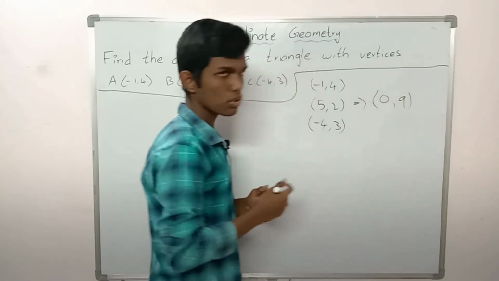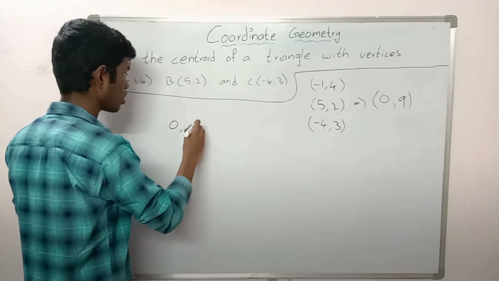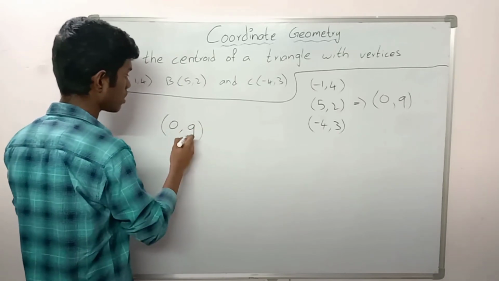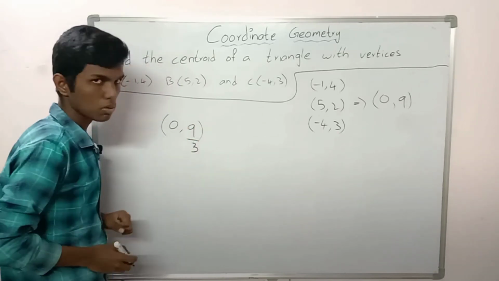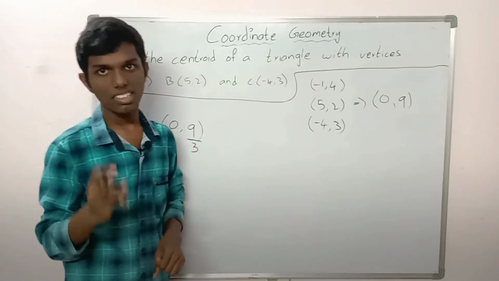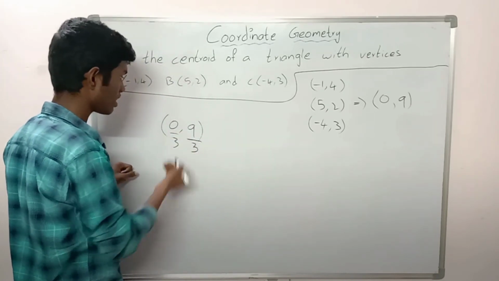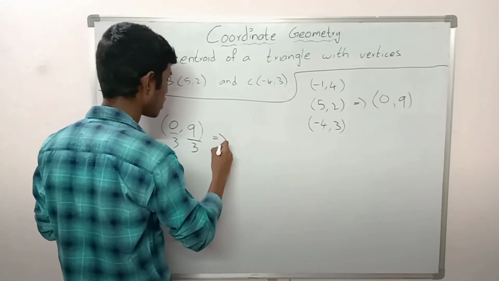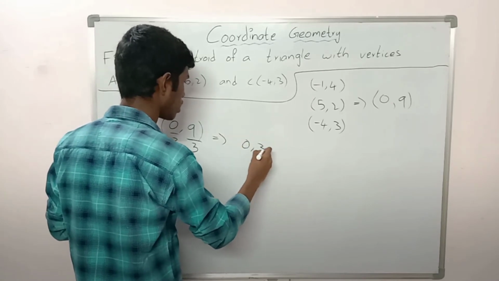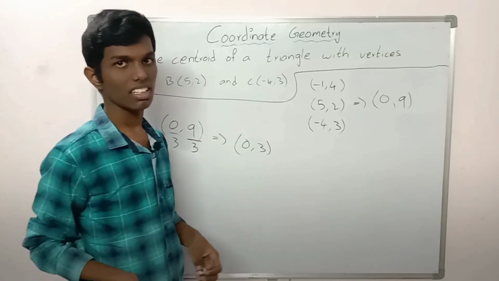Summing them up gives you 0, 9, and then for 0, 9 just put a 3, just divide it by 3. Why 3? Because we have 3 points. 0 by 3 gives you 0, and 9 by 3 gives you 3. So the centroid which we needed is 0, 3.